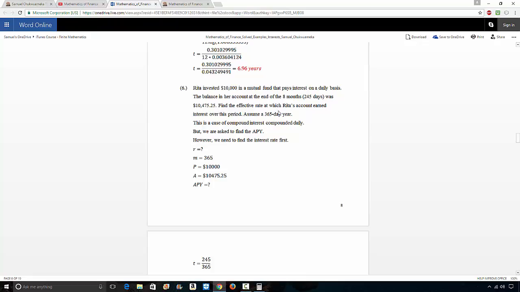Find the effective rate at which Rita's account earned interest over this period. Assume a 365-day year. So this is a case of compound interest compounded daily, but we are asked to find the APY.